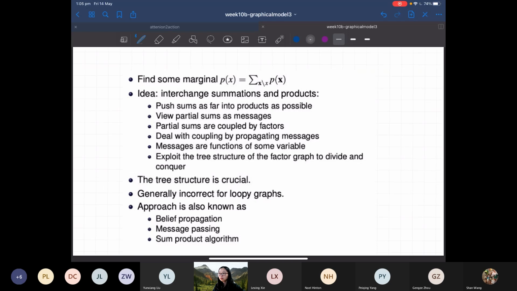So here's basically another summary to look at the sum product algorithm, because it's so cool, but it's also a bit abstract, right? The general idea here is we interchange summation and products. We push sums as far into the product as possible, like what we saw.